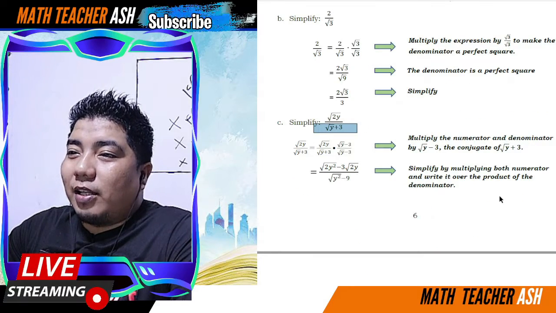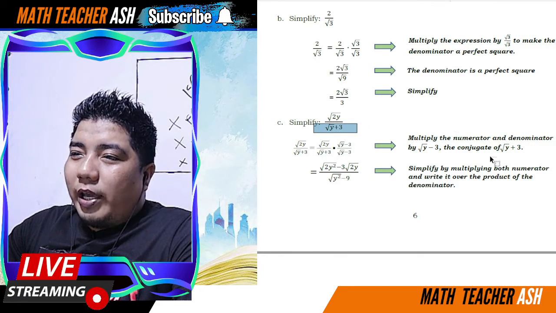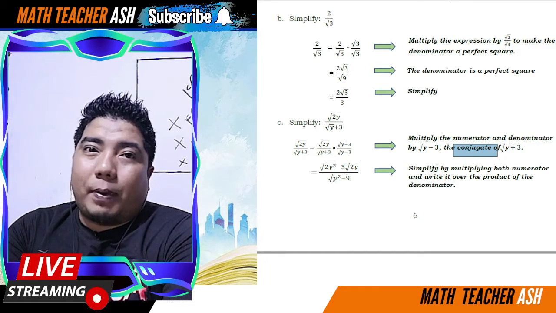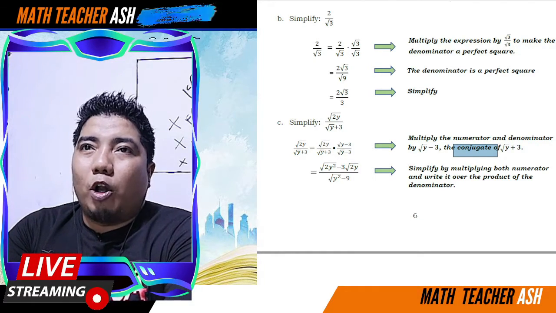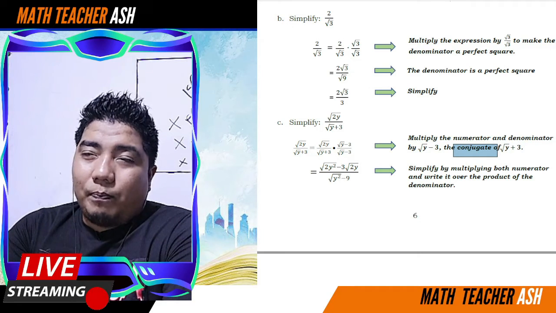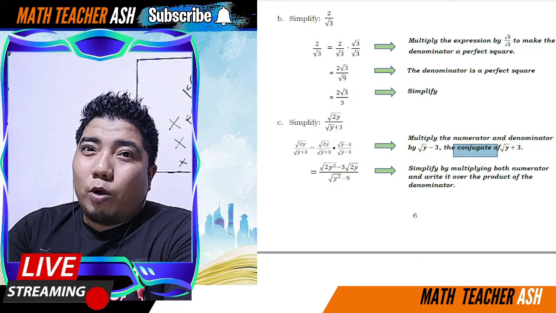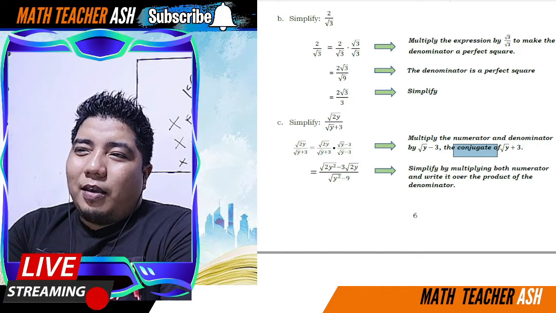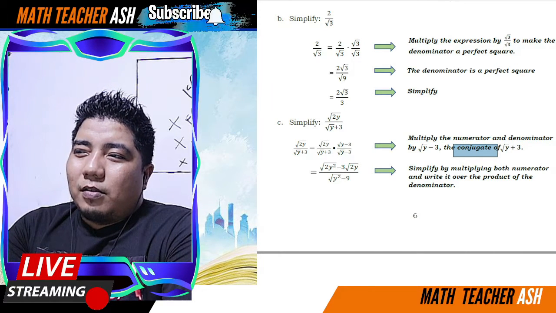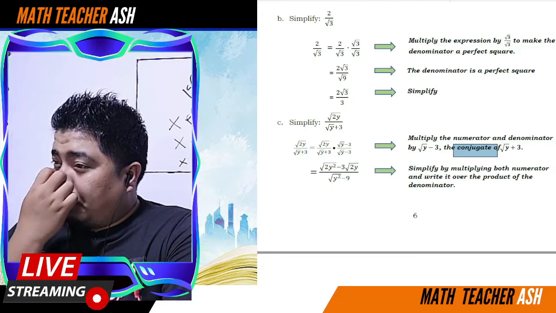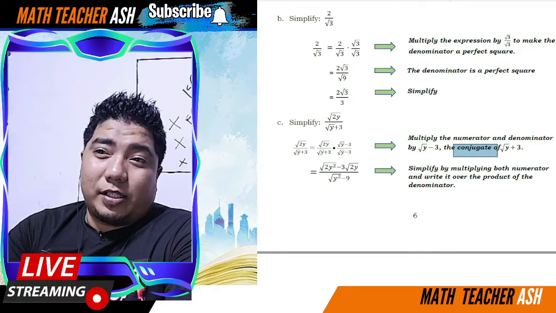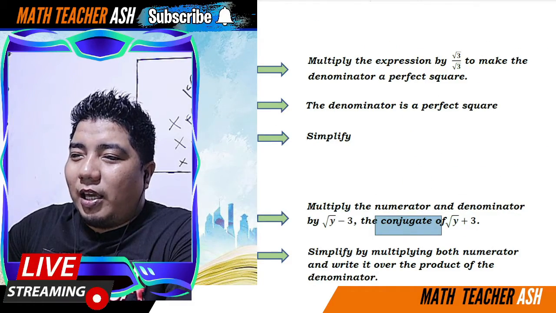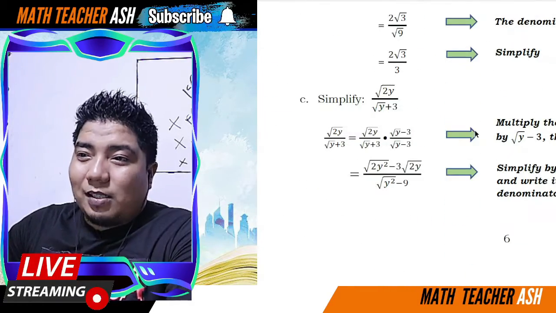Now, the conjugate is basically a partner, a counterpart symbol of a binomial para when you multiply them, it will become the difference of 2 squares. Okay? If you still remember your lesson in the special products, okay?